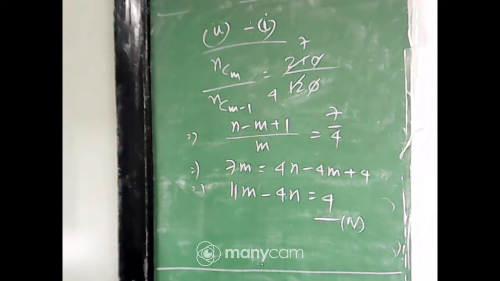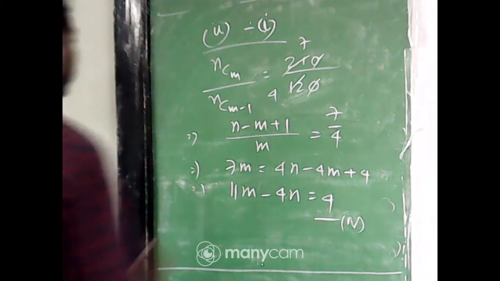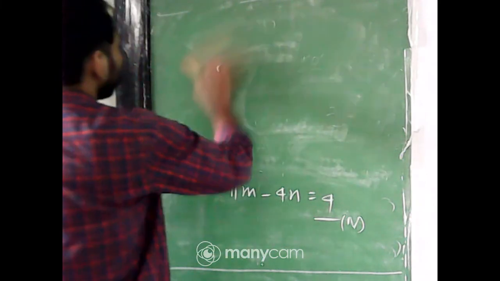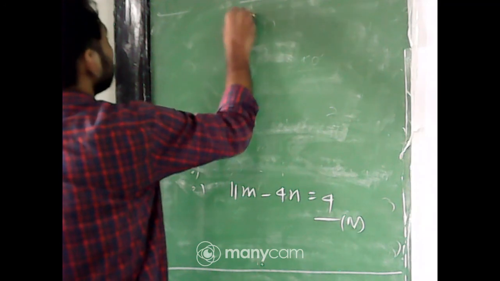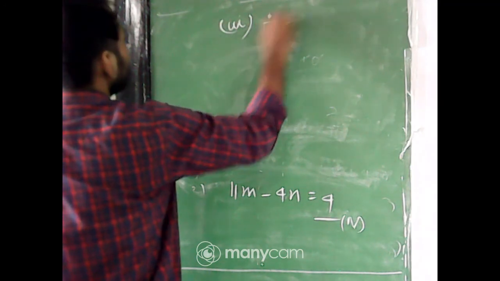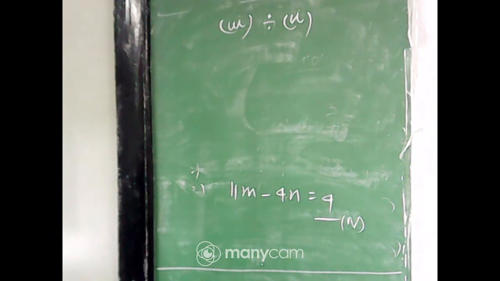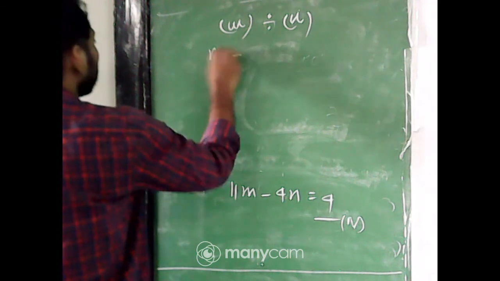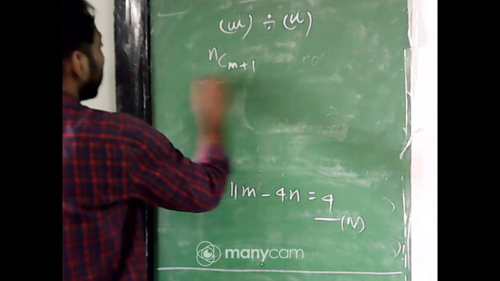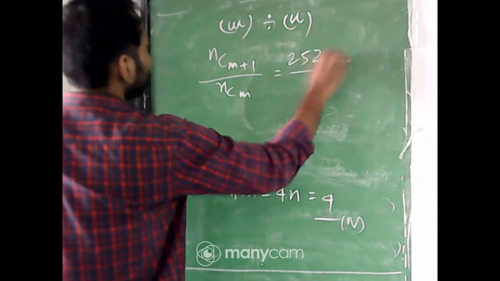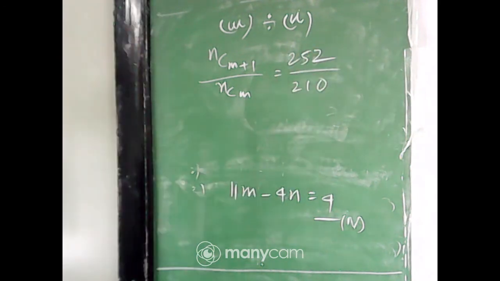Again we will divide 3 by 2. So dividing 3 by 2, we got here nCm plus 1 by nCm equals to 252 by 210.